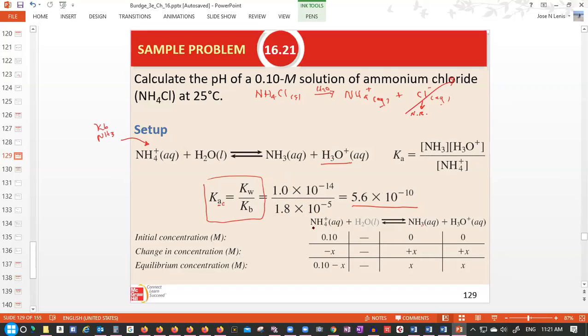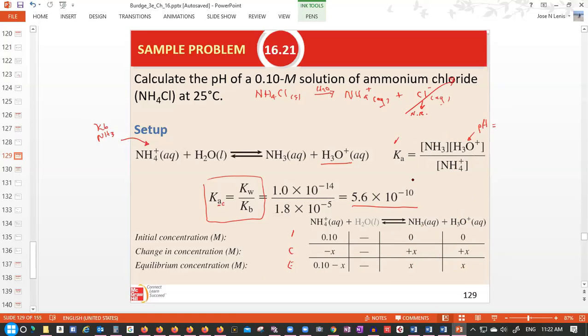We do the ice table, exactly the same situation. We do the ice table, initial, the change, the equilibrium concentrations, we plug into here because we want to know this portion to find the pH. And that happens to be X here. X will show the concentration of H3O+. We know this, we just found it.